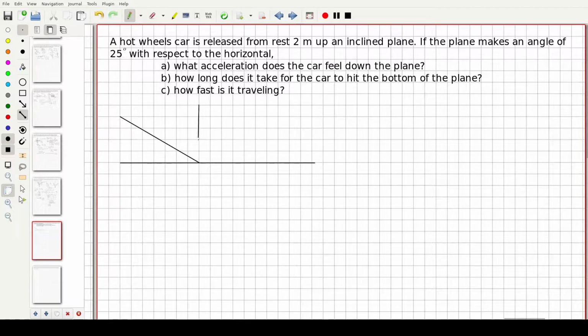And then here's Y. Now, from here to about here is where the car is. Your car has got a mass of, let's see, I don't have a mass on it. That's fine. We don't need it. We're going to find out why that is here in a second.